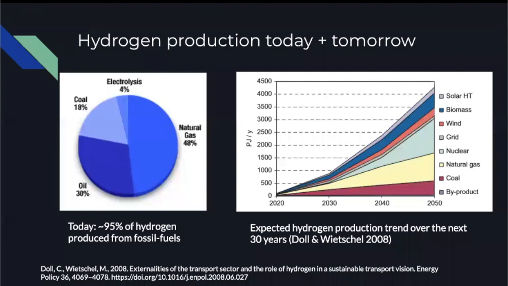Now, the pie chart on the left shows the current state of hydrogen production today, as I just explained. And the trend graph on the right shows an expected trend from a 2008 study, which I've chosen to show today as it shows, in my opinion, a more realistic scenario where we continue to rely on fossil fuels for part of our hydrogen demands, but increase our renewables production.